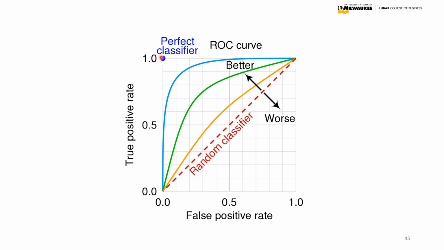In general, we're not going to have a perfect classifier, but the idea here is for a given true positive rate, let's say here at 75%, we would prefer an ROC curve that has a lower false positive rate, which the blue line will give, versus the green line will give a higher false positive rate. When you think of it from that perspective, you again understand why it's better to be moving in the direction of the corner.